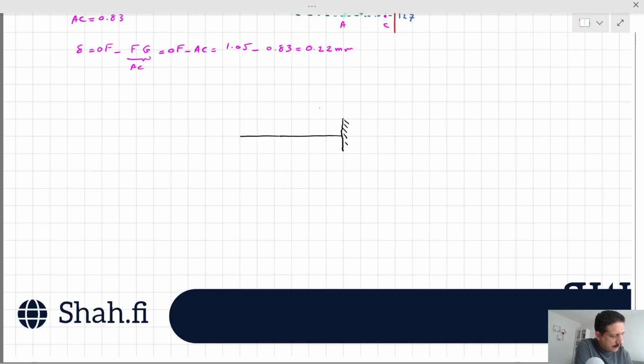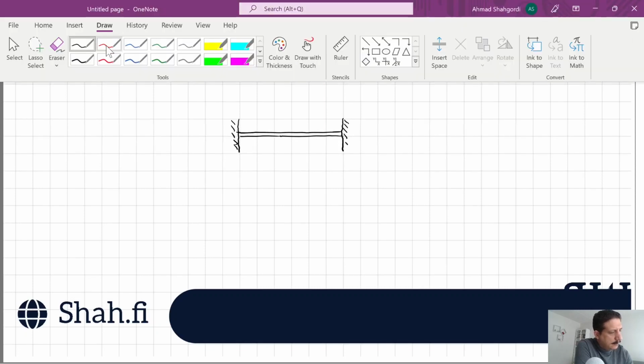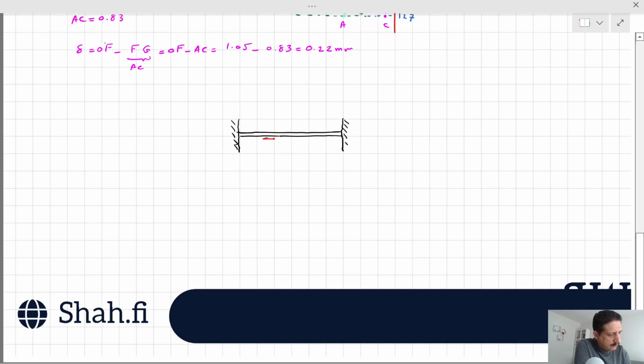To summarize, loading of the element, phase 1, P between 0 and 119.5 kilonewton. So both are in the elastic phase, AC and BC.